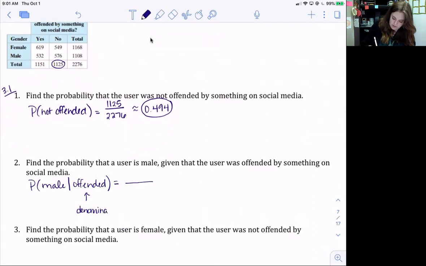So we're looking back at our table and looking at how many were offended, and that is the 1,151. And of those 1,151, how many were male? That would be 532. If we go ahead and divide and round, we get 0.462.